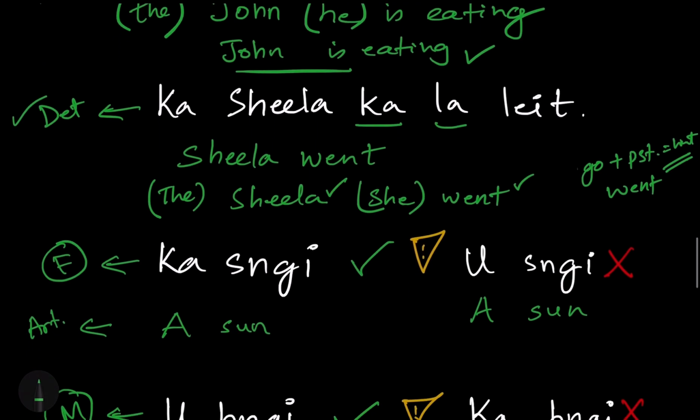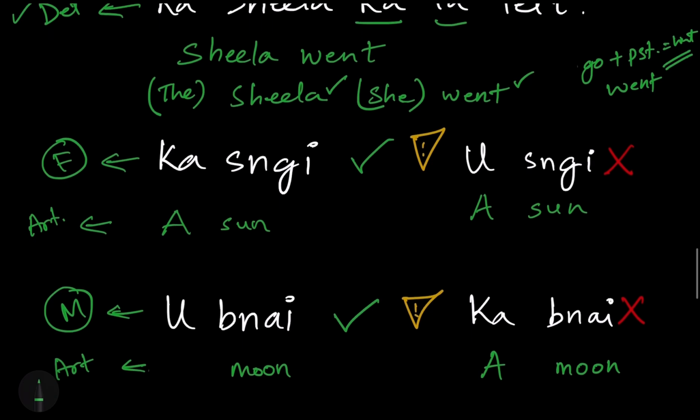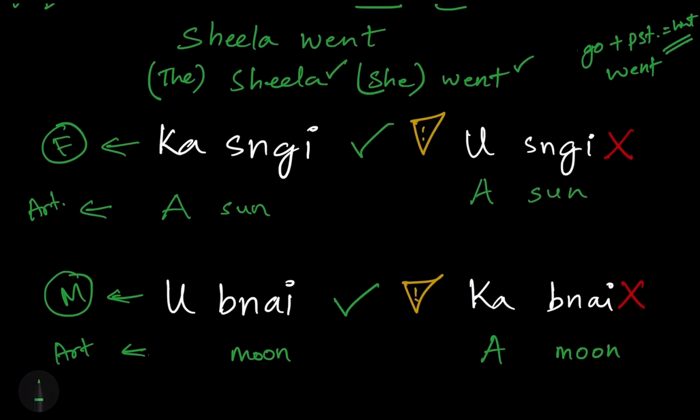Another difficulty for non-native Khasi speakers is that we have gender in articles, which is not usually mentioned in English. For example, Ka sngi, you'll always say ka for sun, and U bnai, in this case, u for moon. In English, we do not know whether this is masculine or feminine. But you have to memorize this. There's no other way.